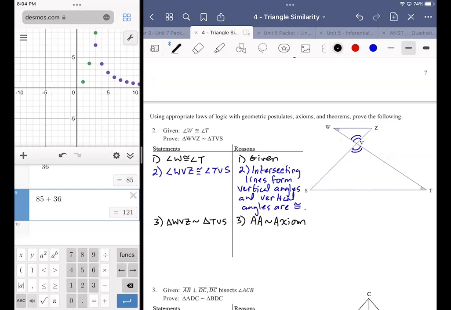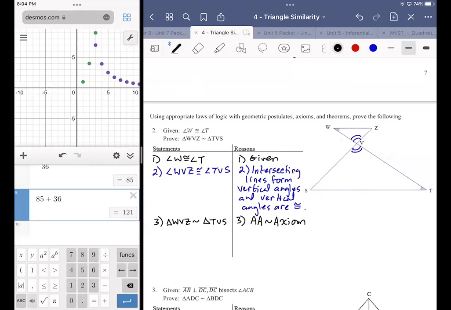Now, just as a quick aside, because I almost accidentally wrote congruent: if two triangles are congruent to one another, then they are therefore similar to one another.